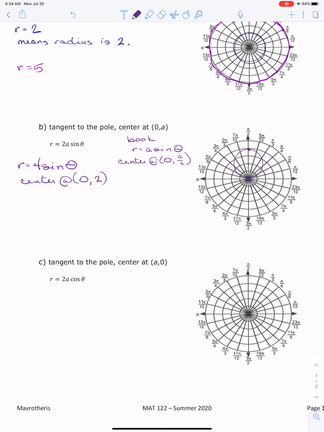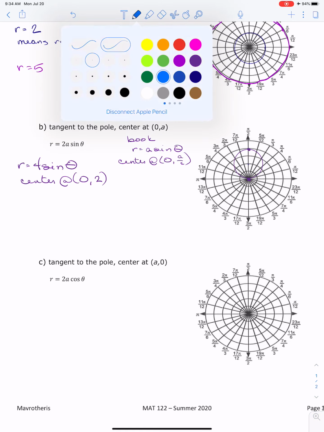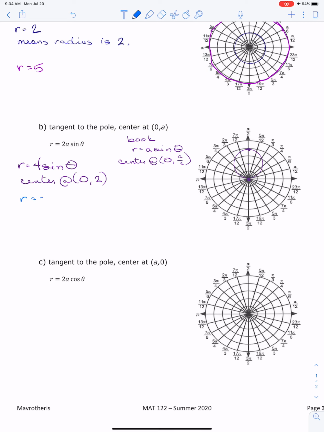Okay. If we have R equals negative 6 sine theta, think about where that puts our center. From the pole down 1, 2, 3, there's my center. So 6, I have 0, and I just end up with the circle that hits both of those points.